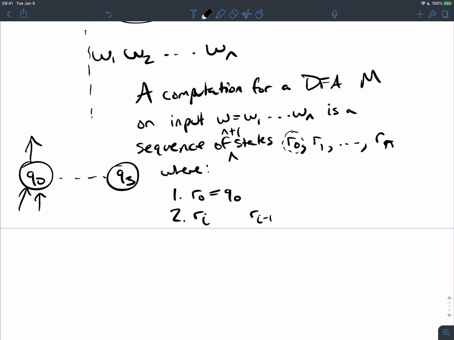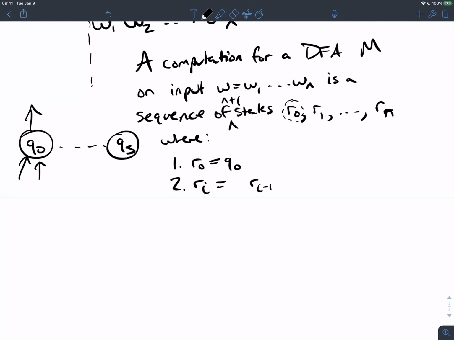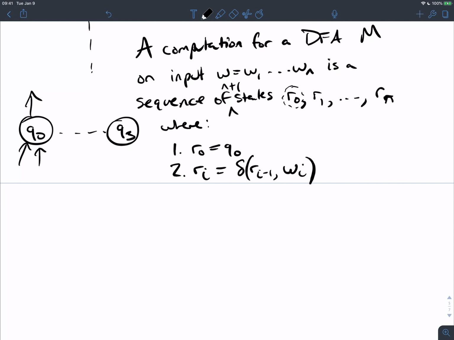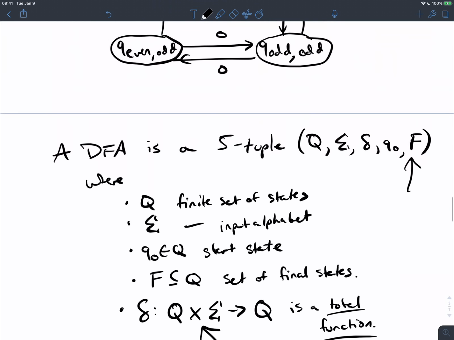Since there's exactly one state to go to, I just look up in the transition function the state I was in and the character Wi, and it had better be the case that the next state, Ri, is the one after the transition is applied. So if I apply the transition from R sub i minus 1 on the character Wi, I had better end in R sub i.